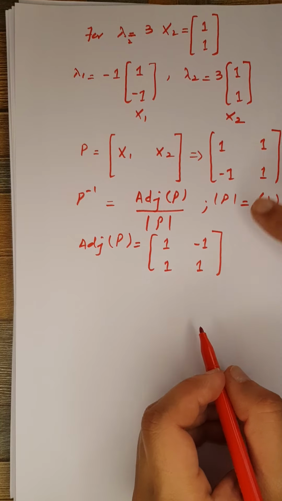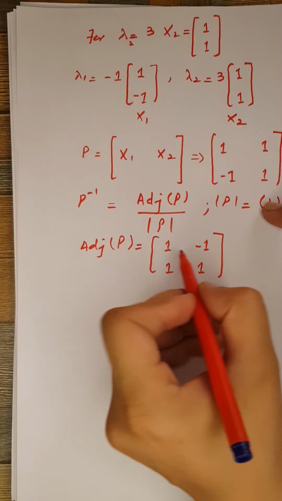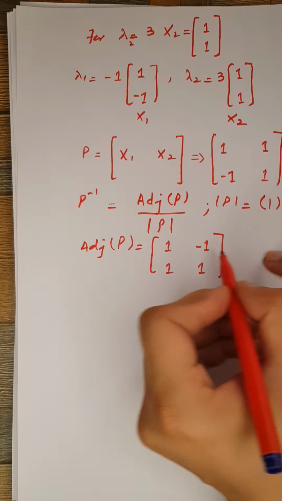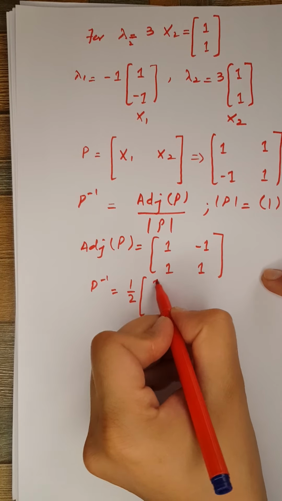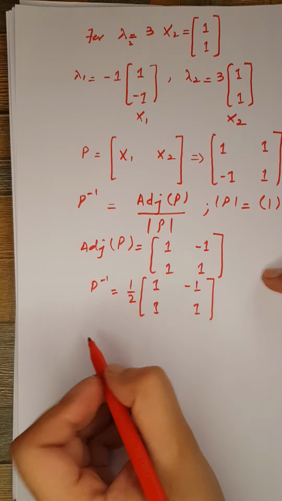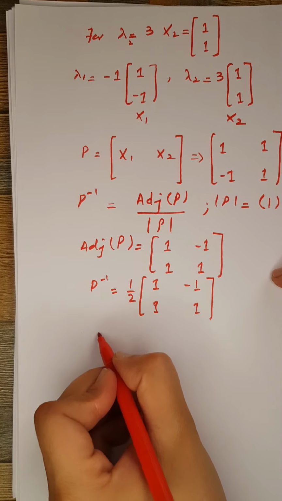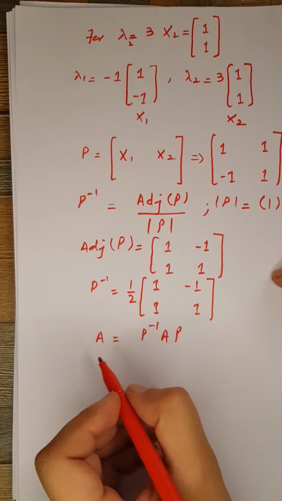Fine. So P inverse is equal to 1 over 2 into 1 1 minus 1 and then 1. The next step is to perform the multiplication, since we know that D is equal to P inverse AP.